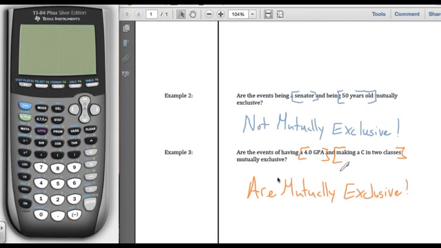You can't be in both categories at the same time. In order to have a 4.0 GPA in college, you have to make all A's. If you make 2 C's, you are no longer going to have a 4.0. So just a few general examples to be familiar with for Chapter 5.